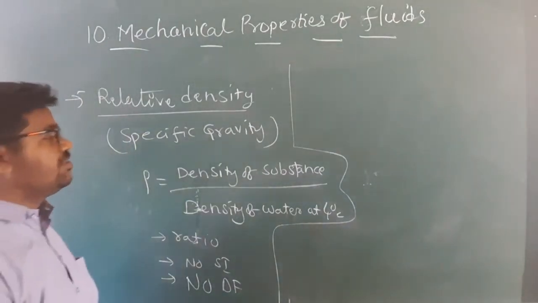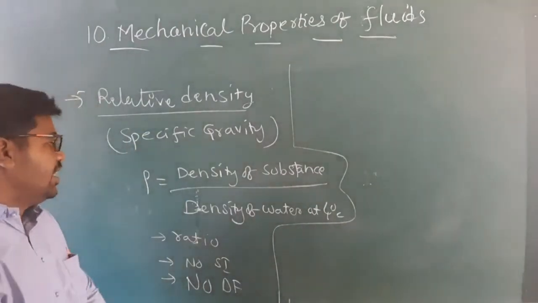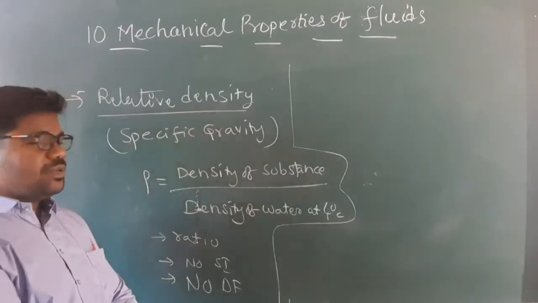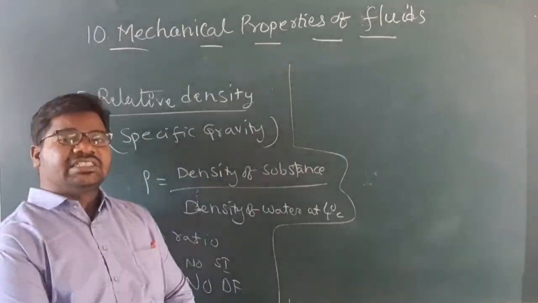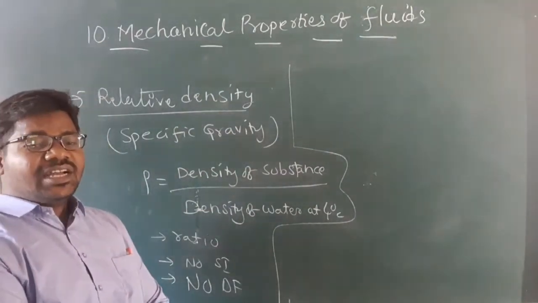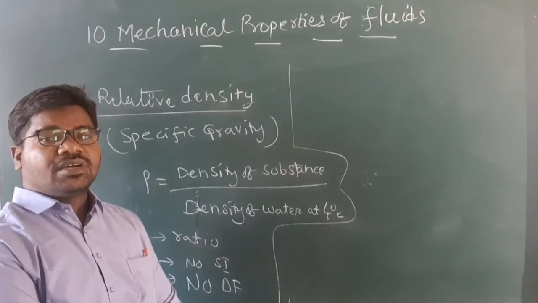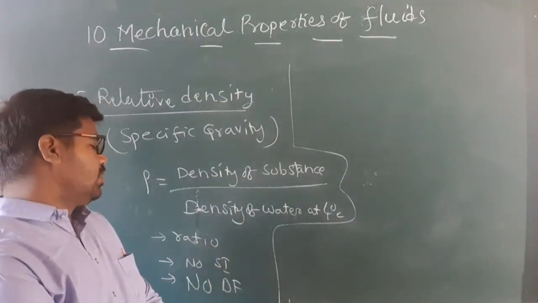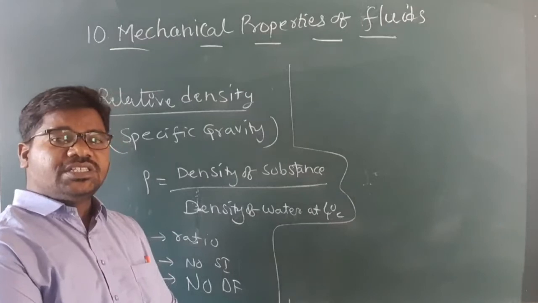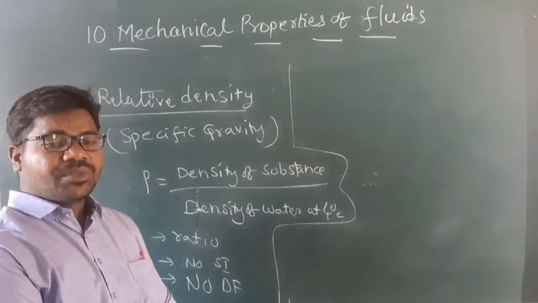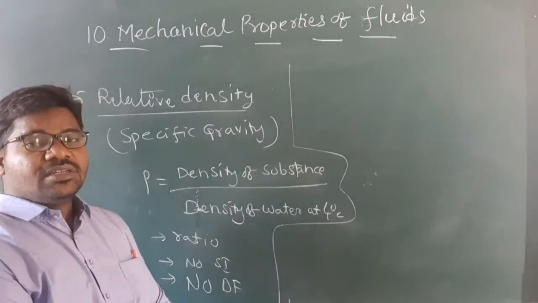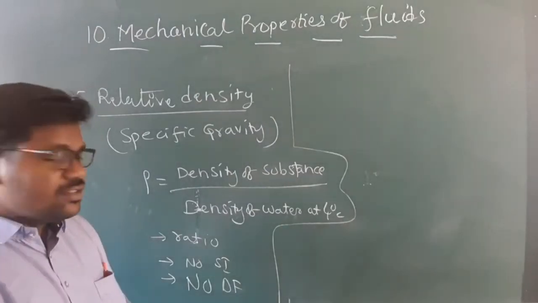So what is relative density or specific gravity? It is defined as the density of the substance to the density of water. It is a ratio with no SI units and no dimension formula. So this is about relative density.